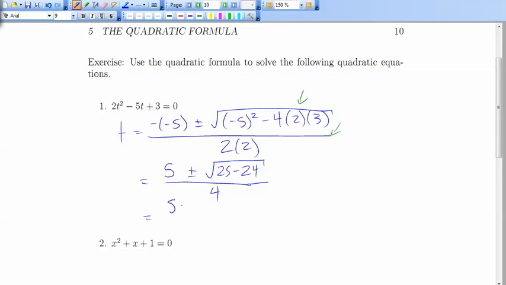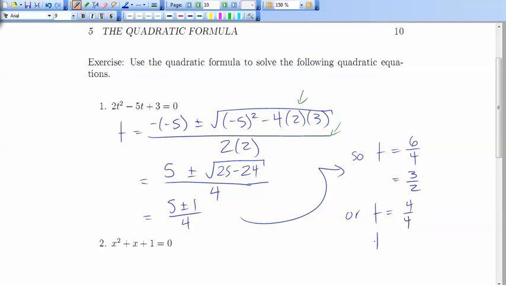So we have 5 plus or minus 1 all over 4. So we've got two solutions. t is equal to 6 over 4, which I'll immediately write in lowest terms, 3/2, or t is equal to 4 over 4, and again I'll immediately write it in lowest terms. So we have two solutions, t equals 3/2 and t equals 1.